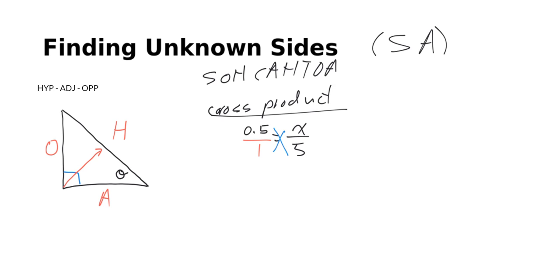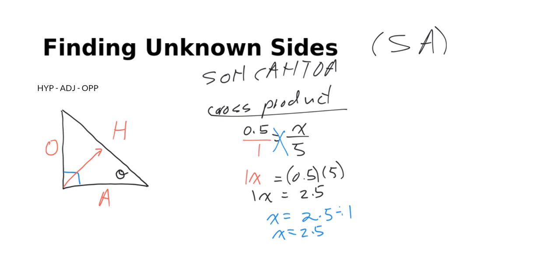So now the 1 and the x go together to give you 1x, which is equal to 0.5 times 5, which is 2.5. So 1x is 2.5. And then to get rid of the x, we take whatever's in front of the x value and divide it out on the right side. So we get 2.5 divided by 1. So our final answer is 2.5.